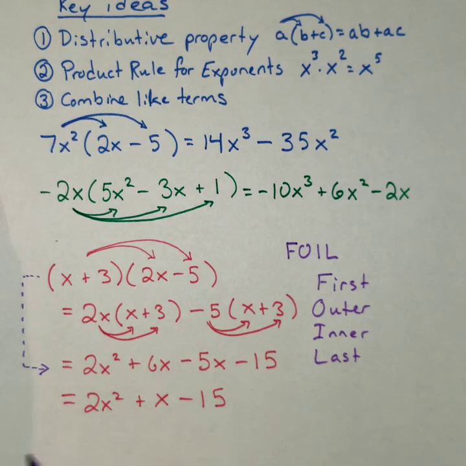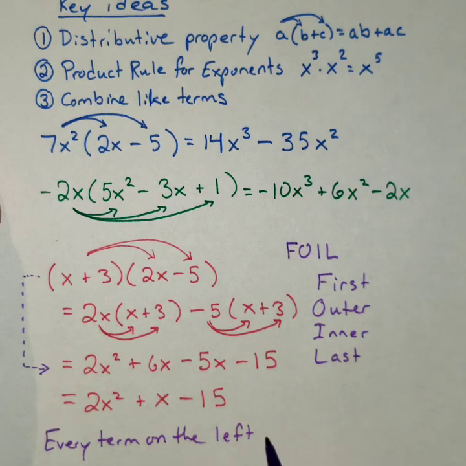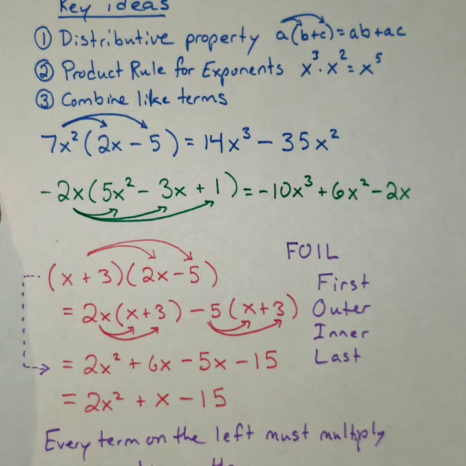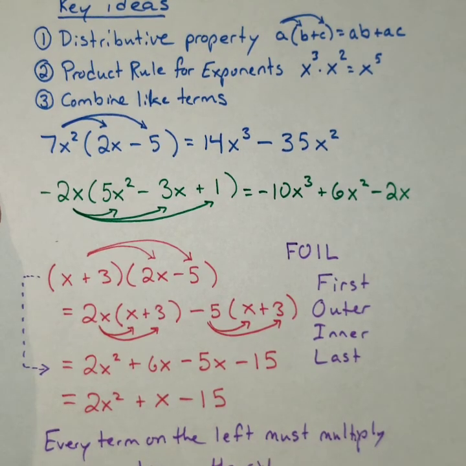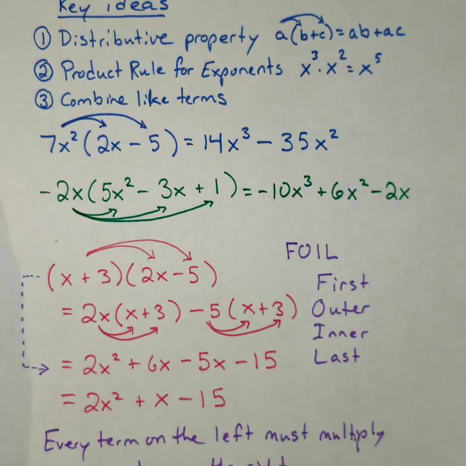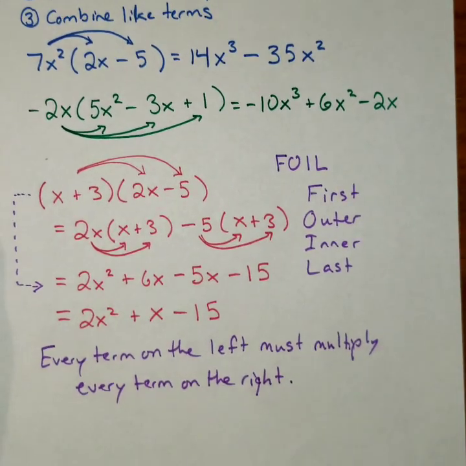But I would say this general rule: every term on the left must multiply every term on the right. So it doesn't really matter what order. Oh, you can't see that. Every term on the left must multiply every term on the right.